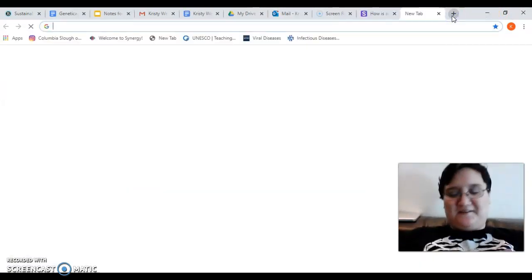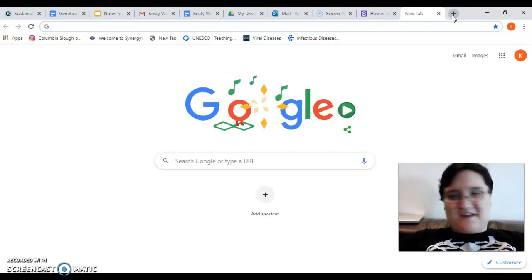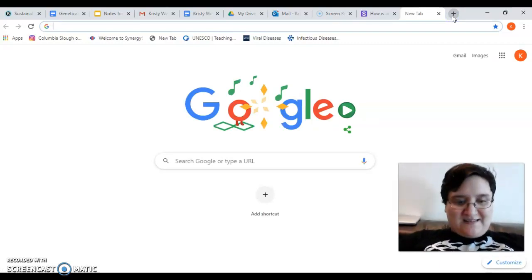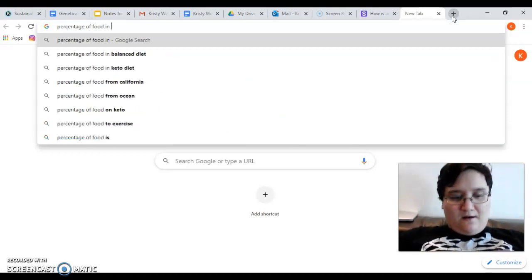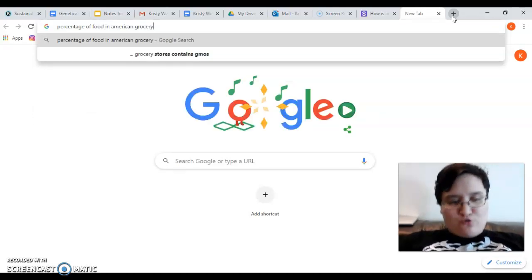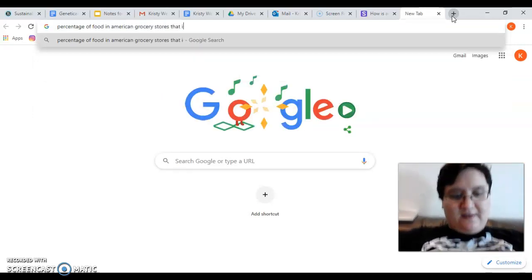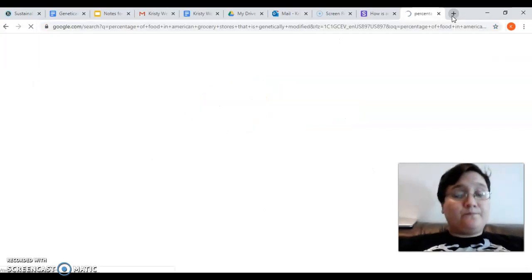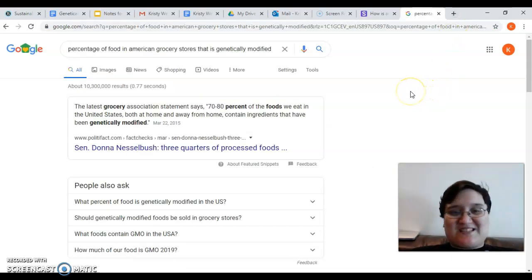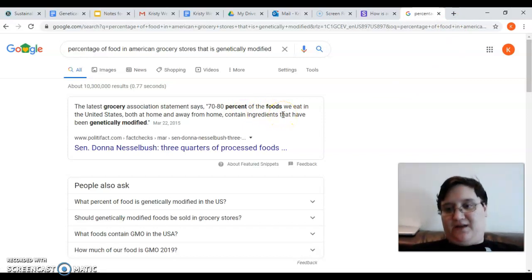This will probably scare you a little bit, but the percentage of food in American grocery stores that is genetically modified: 70 to 80% of all the food in the United States that we eat is genetically modified. So you just don't know it. And your parents might not know it. But that's the way it is.